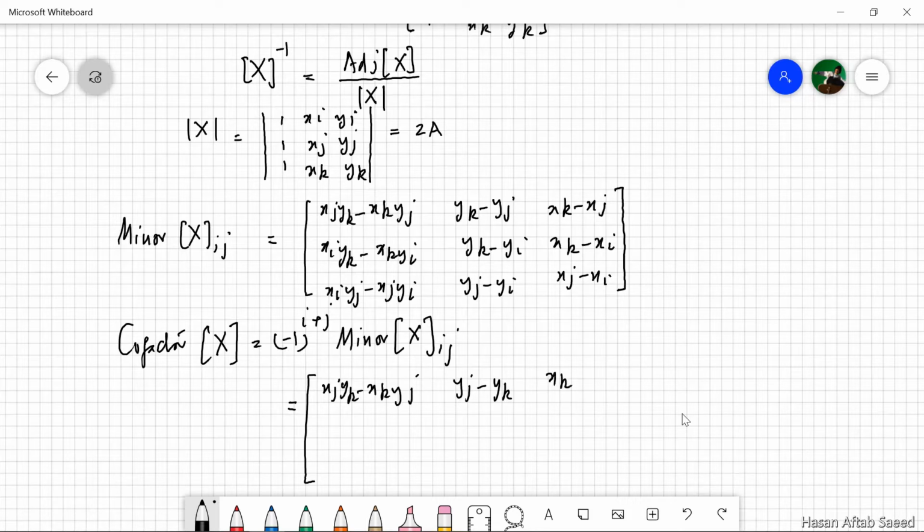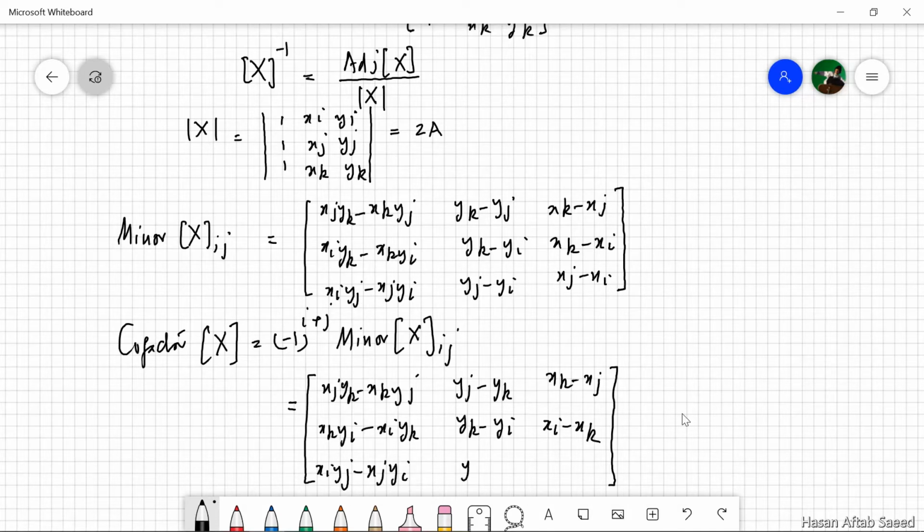This one again remains the same, and here we change the sign. This one remains the same, change sign here. This remains the same, sign is changed here, and this one remains the same.